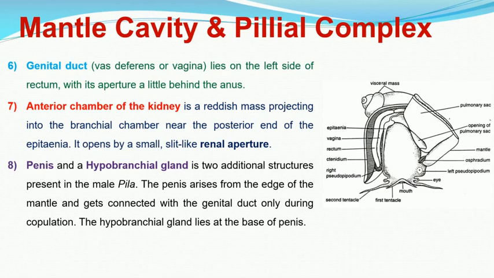This penis arises from the edge of the mantle and it is attached to the genital duct only during copulation, that is the mating process. The hypobranchial gland is situated at the base of the penis.